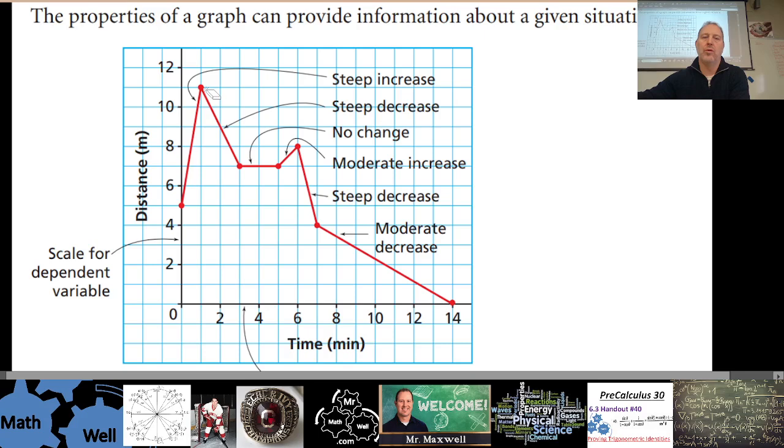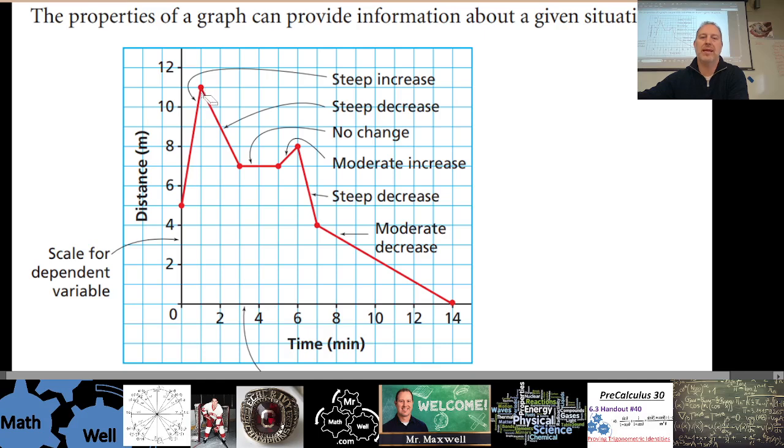All right. So this line right here represents a decrease in distance away from some point. They go from 11 down to 7 meters. You see that? And it took them a little bit longer, from 1 minute to 3 minutes. So the first is a very steep increase in distance.